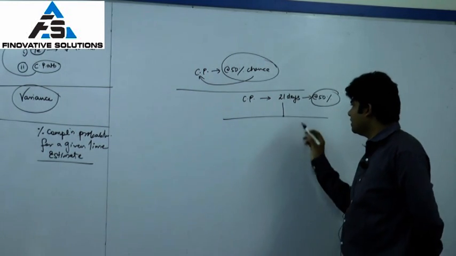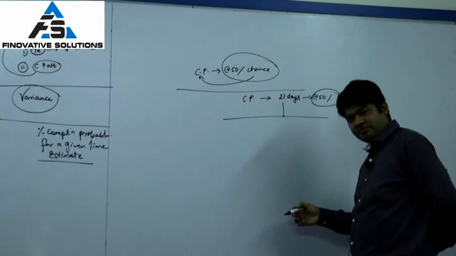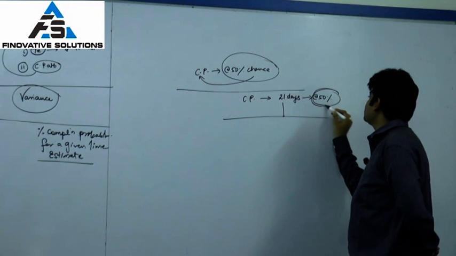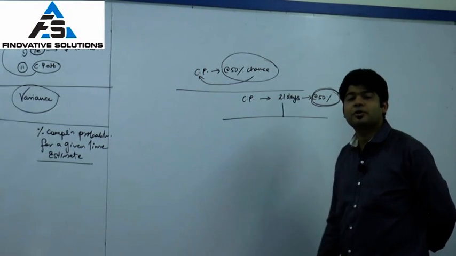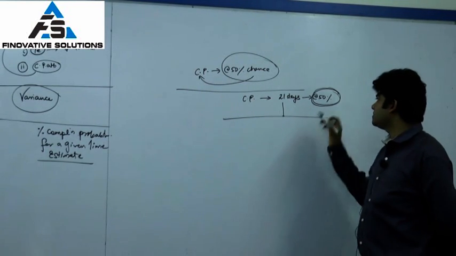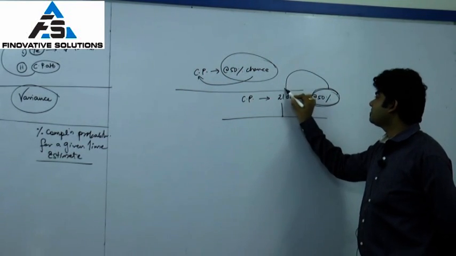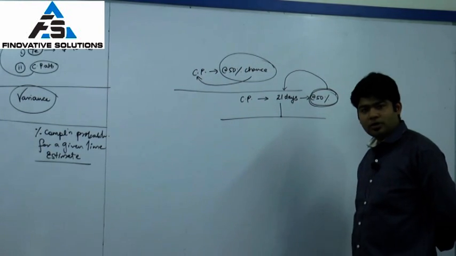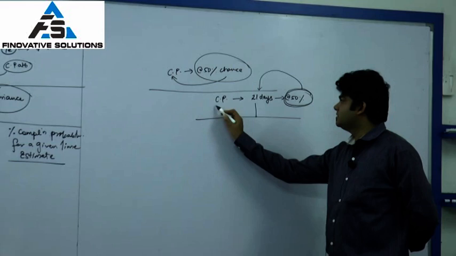This means there is a 50% chance, a 50% probability, that the project will be completed in 21 days. This is what your PERT critical path says.